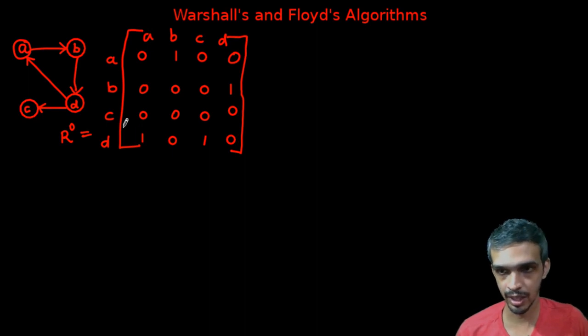So if you calculate R1 here, R1 will find out those paths with the first vertex. First vertex is A as the intermediate vertex. So we will calculate R1. This can be calculated very easily. We will see it now. So you need to calculate R1.